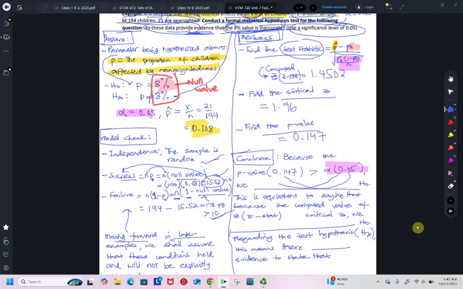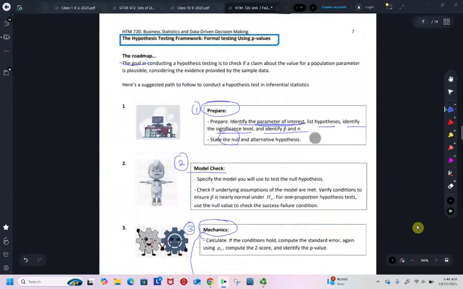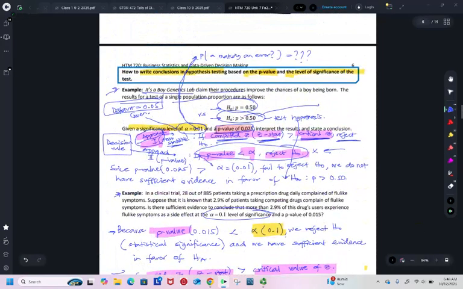So 0.147 is greater than 0.05. The decision rule says that if your p-value is greater than alpha, we should fail to reject the null hypothesis. Where is this from? Again, to remind us, that is on page 6, following the approach number 2.